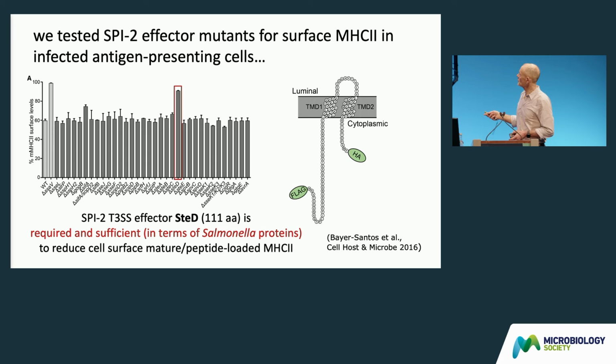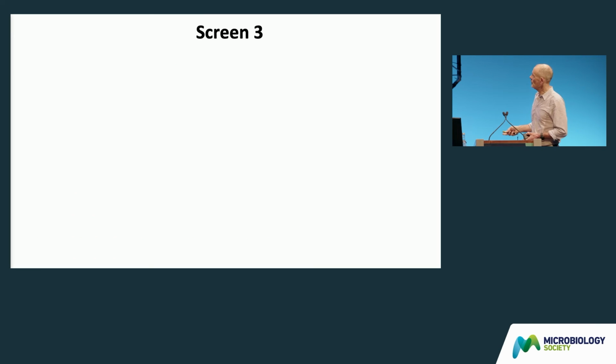It's very small, so on the cytoplasmic face, there is not a lot of information available to mediate that very dramatic effect. And by the way, the effect is very specific. This protein doesn't touch class I, and it doesn't touch the invariant chain-loaded class II, only the peptide-loaded. So it's very specific. So how does it work?